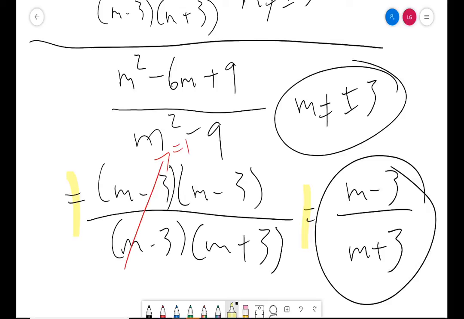And so in order for the equal sign to be appropriate, that has to be true. So you need to take something like domain into consideration. You can't abandon it as you simplify.